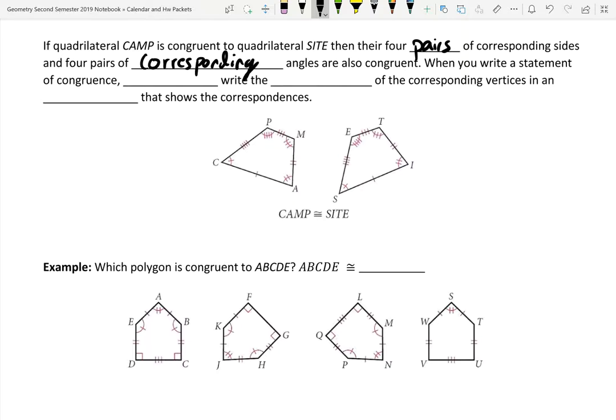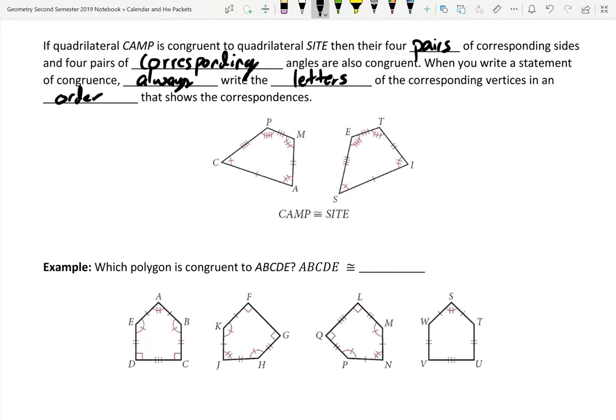When you write a statement of congruence, always write the letters of the corresponding vertices in an order that shows the correspondence.